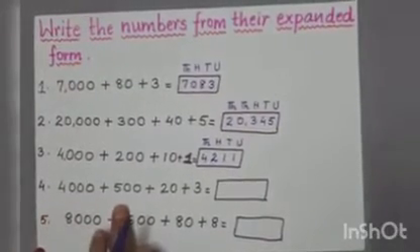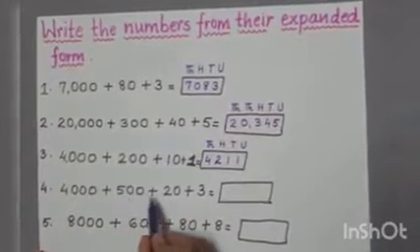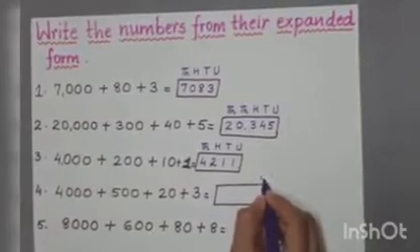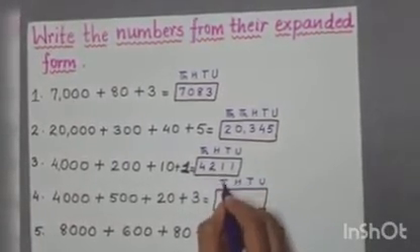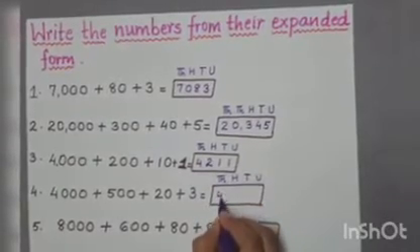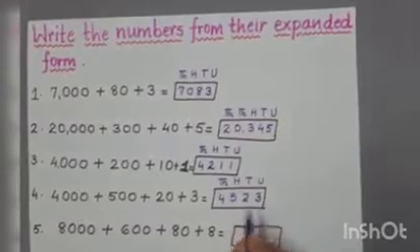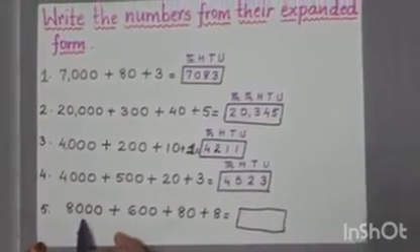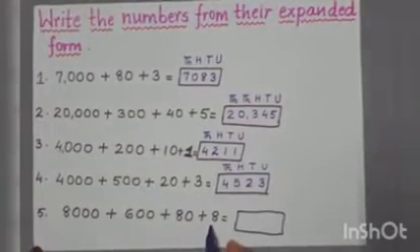Let's go to number 4. Number 4 again we have 4,000 plus 500 plus 20 plus 3. So let's write unit, tens, hundred and thousand. So 4,523. Are you getting it? The fifth one, 8,000 plus 600 plus 80 plus 8.